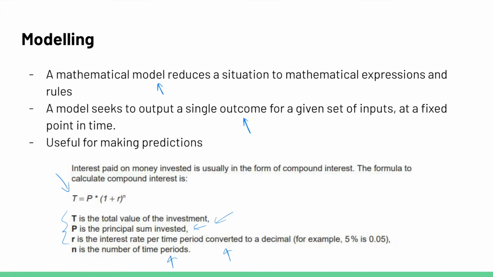Based on these three, we're going to be calculating a single output, which is T, the total value of the investment, after N, a certain amount of time, has passed. And this illustrates a typical situation for which we would use modeling.